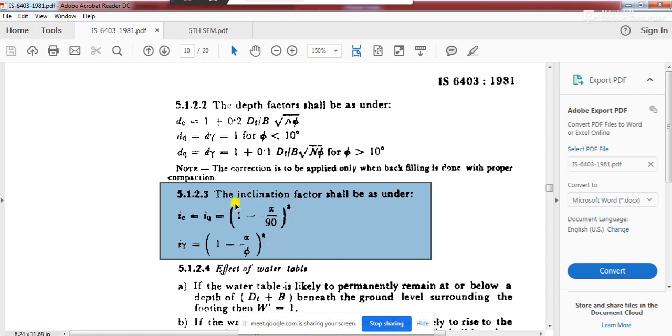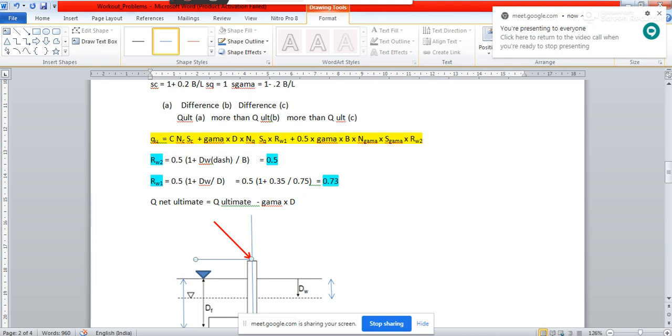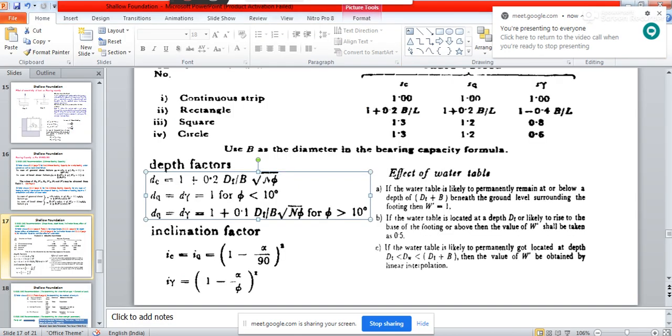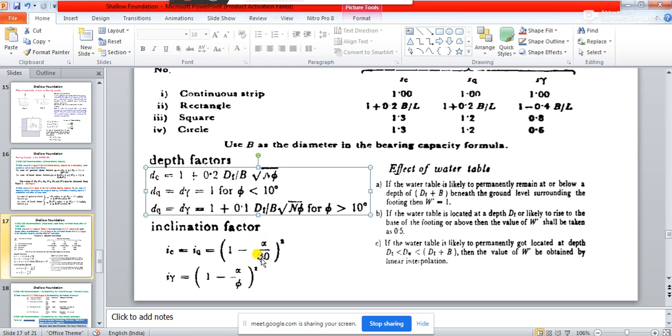Now what is this alpha? That is very important. If you want to see what alpha is, you will have to go back to the definition in the code. But for simplicity, when can this value become 0? When the value of alpha becomes 90, what will happen? 90 by 90 will be 1, and 1 minus 1 is 0.